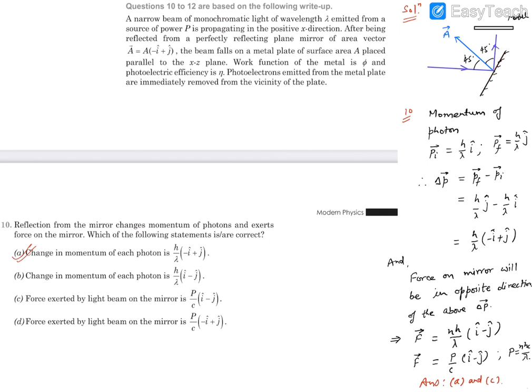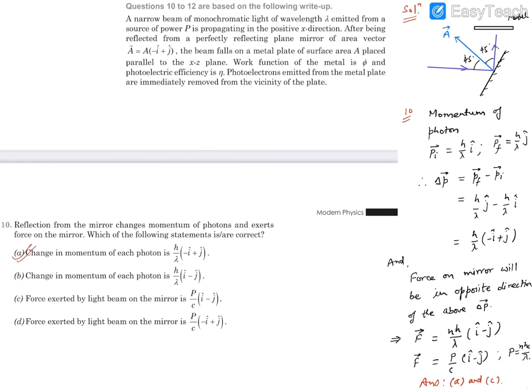Then we need to find the force on this mirror. Now the change in momentum of the photon is in the minus i cap plus j cap direction, so in this direction is the change in momentum of the photon. The force on the photon is going to be in the direction of this change in momentum. And whatever force the photons experience, the same force is experienced by the mirror as well, but in the opposite direction.